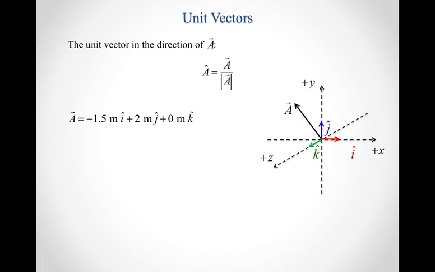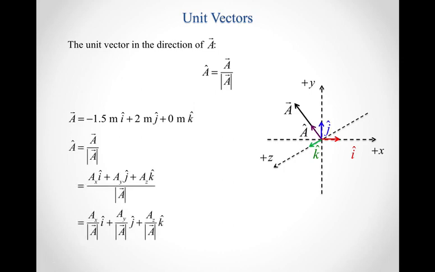And again, just going through this process, when I think about what A hat is, it's going to be a vector with a length of 1 unit that points in the direction of vector A. So here's my I hat, magnitude 1, points in positive x. J hat, magnitude 1, points in positive y. K hat, magnitude 1, points in positive z. A hat is a vector with a magnitude of 1 unit that points in the direction of vector A.